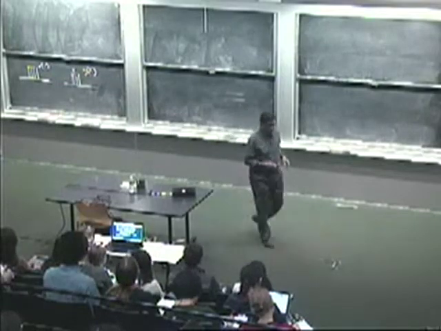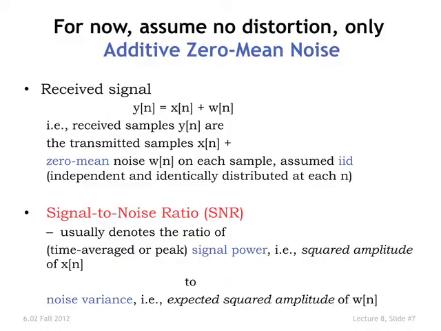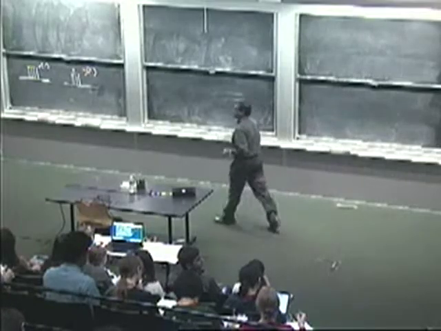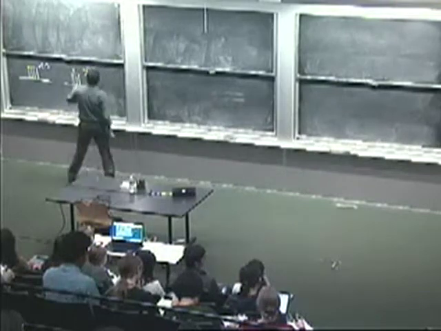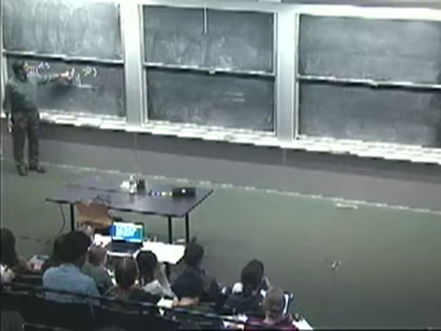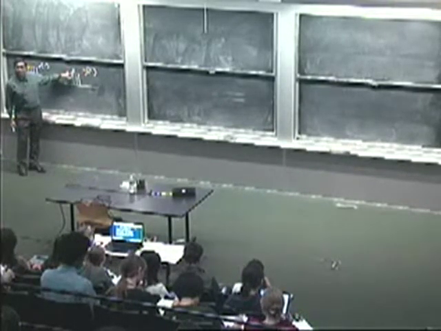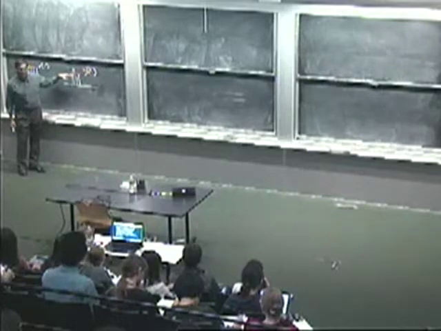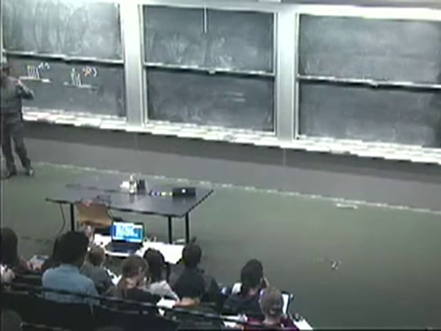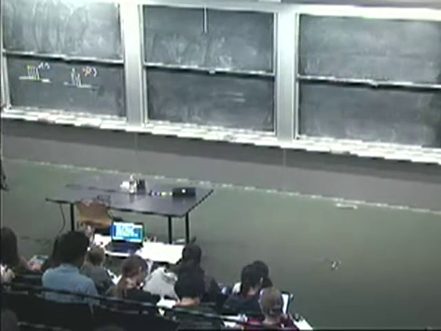We're going to assume that this noise sample w[n] is independent from one sample to the next. So when the channel and the processing and so on decides to put a noise sample on this, it doesn't pay attention to what noise sample was added on either side. So every noise sample is picked independently and is picked from the same distribution.